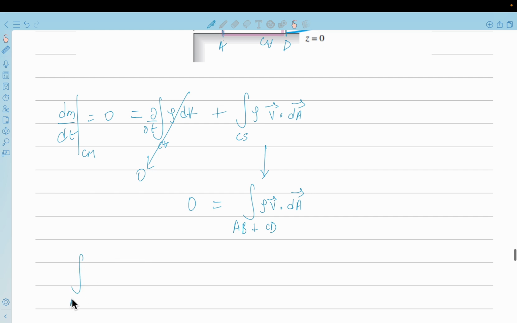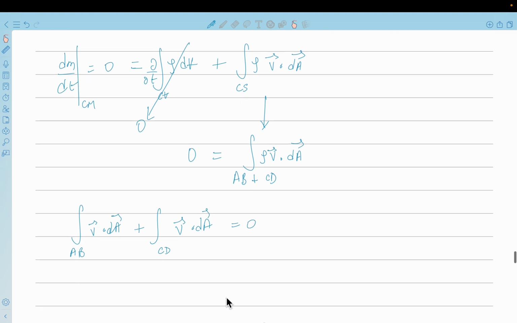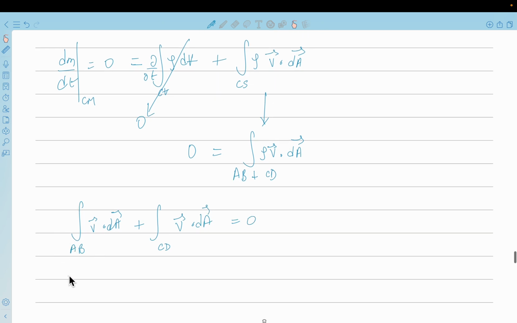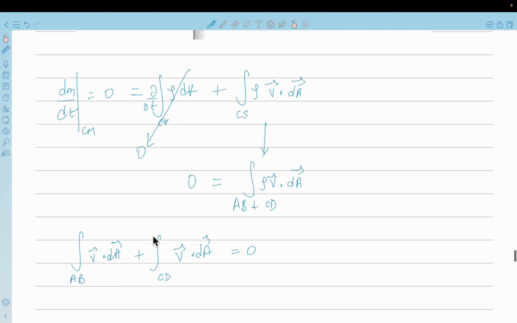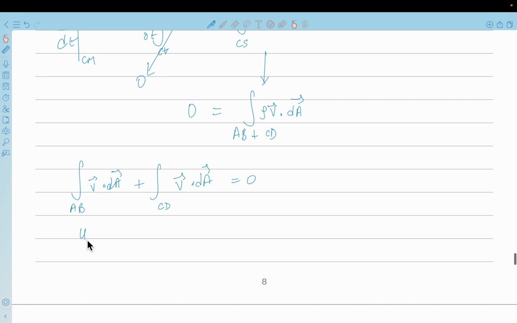So at AB, what is v dot dA? And at CD, what is v dot dA? That's what we have to find. At AB, we had uniform velocity, right? So I can say that it is simply u naught into the area.